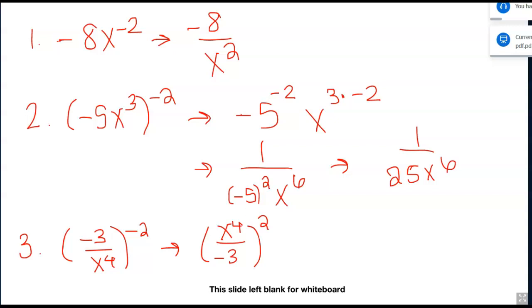Now I'll distribute the square. So again, x to the 4th times 2 gives you x to the 8th, because it's a power to a power. The power also goes to the 3, so that's like negative 3 squared, which is 9. So x to the 8th over 9.